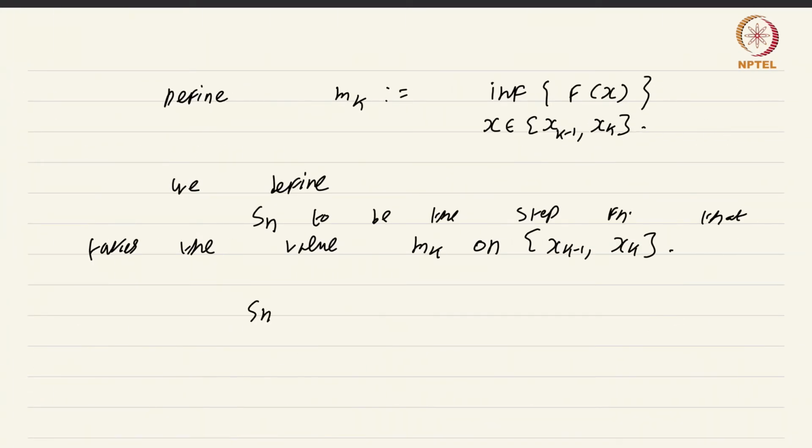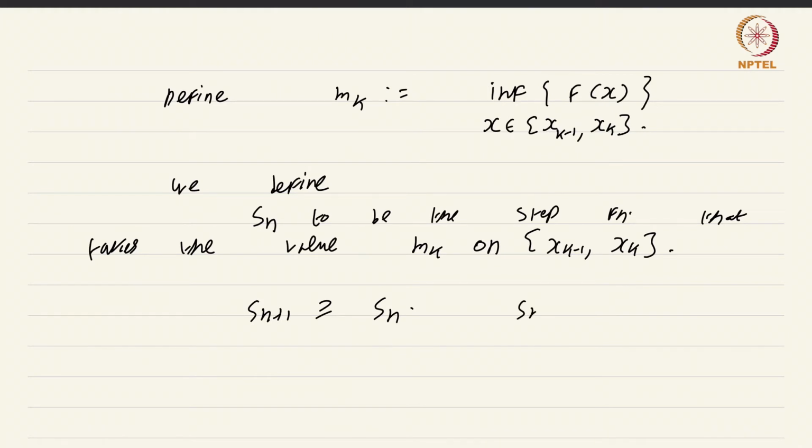Now clearly Sn plus 1 is greater than or equal to Sn. Why is that the case? Well, look at the various subintervals you get when you divide the partition P2 power n to the partition P2 power n plus 1. You are halving each interval. Therefore, when you take the infimum on the smaller intervals, the infimum can only increase. So that shows that Sn plus 1 has to be greater than or equal to Sn.